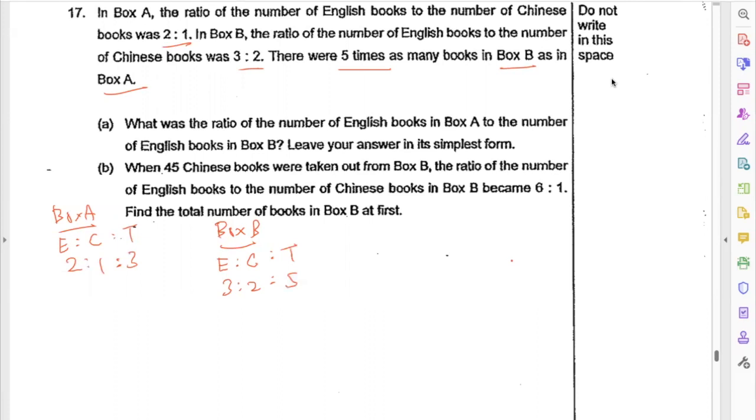So the total in A is 3. If B has 5 times, B should be 5 times 3, 15. So B's total has to be 15. To get 15, easy, multiply by 3. So multiply by 3, 9.